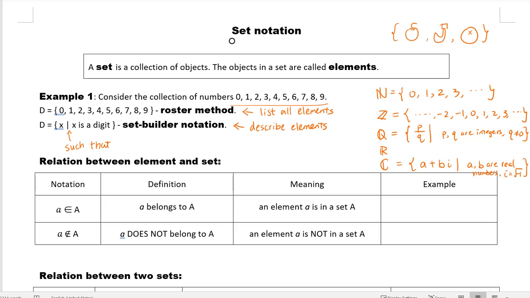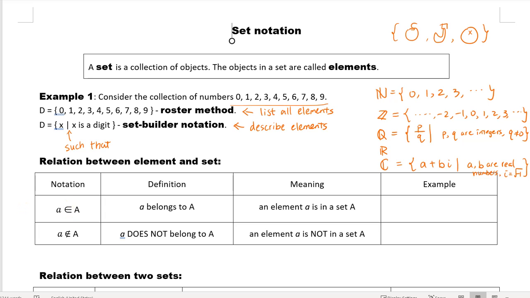Next, the relation between elements and sets. Elements are the objects in a set, so there are only two relations. Either the element a belongs to the set A. This symbol looks like the letter C with a horizontal line segment in the middle, and it means belongs to.